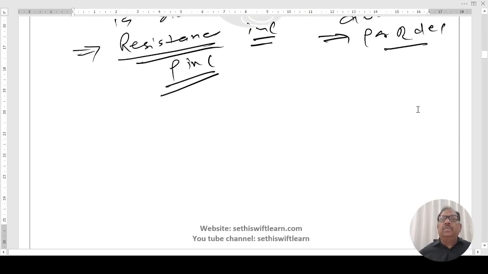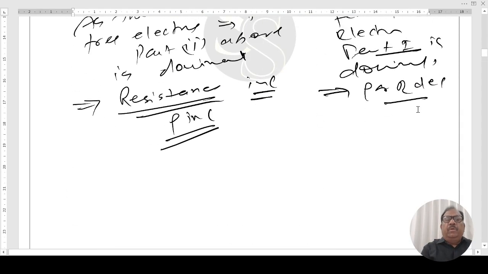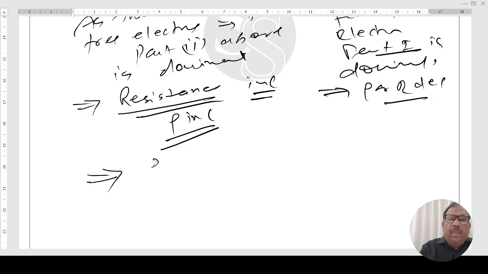Resistivity rho T equal to rho 0 into 1 plus alpha into T minus T0.